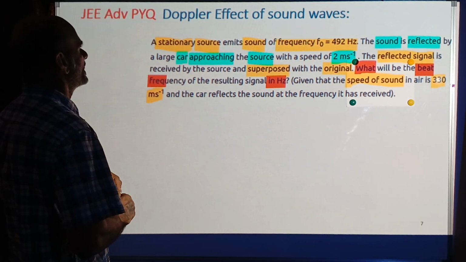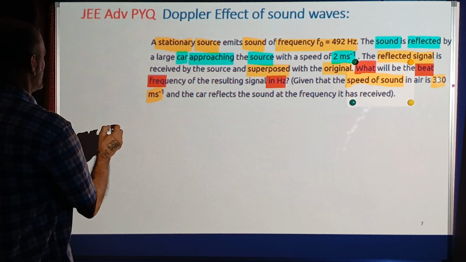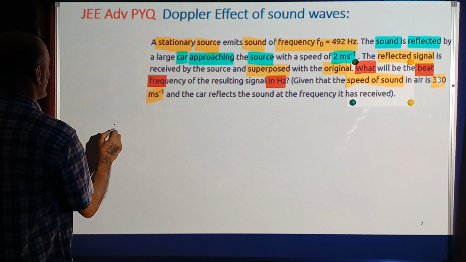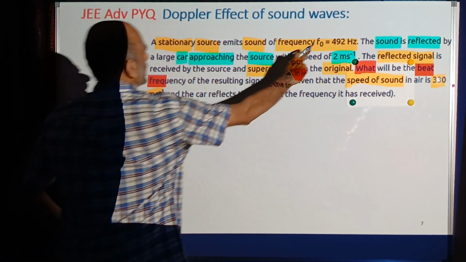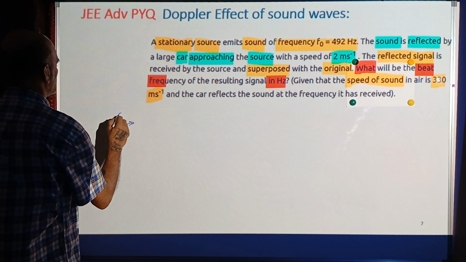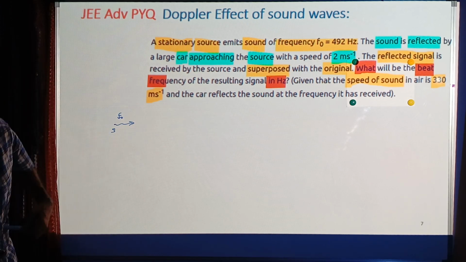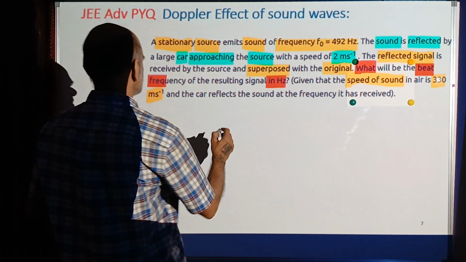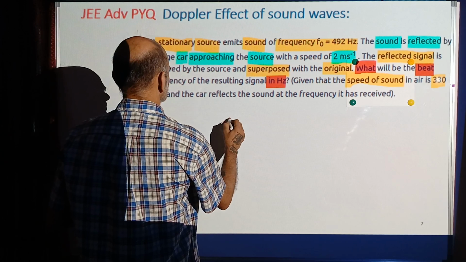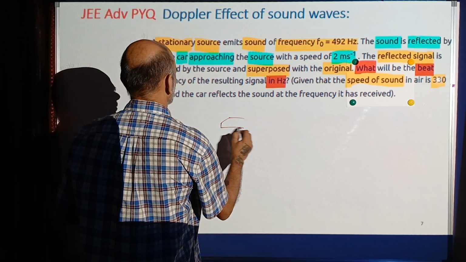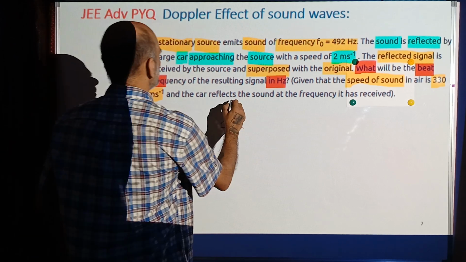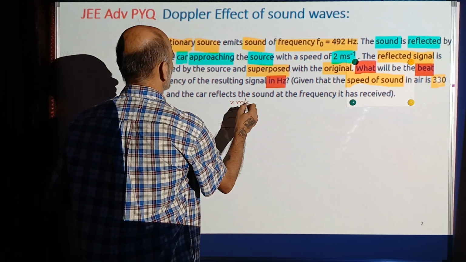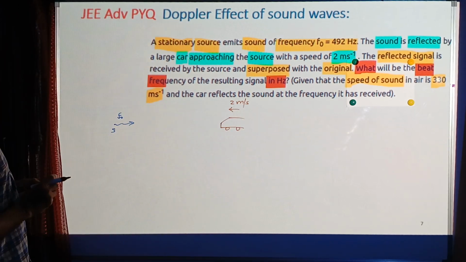First, draw a schematic diagram to understand the situation. So there is a source here which is emitting sound at frequency F0, and there is a car here which is moving with velocity 2 meters per second, approaching the source.